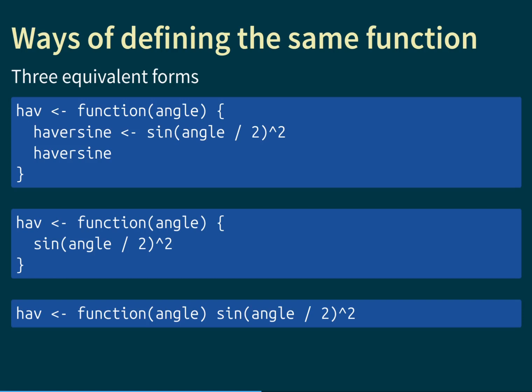And therefore we end up with a much shorter definition, a much more compact version of writing the exact same function, and it will work just as well as the other versions. So it's really a question of taste which one we prefer, whether we want to be a little bit more verbose to make the function a bit more self-explanatory maybe, or we want to be a bit more compact. In this particular case, because the function is so simple, it makes sense to keep it quite compact, in my opinion at least.